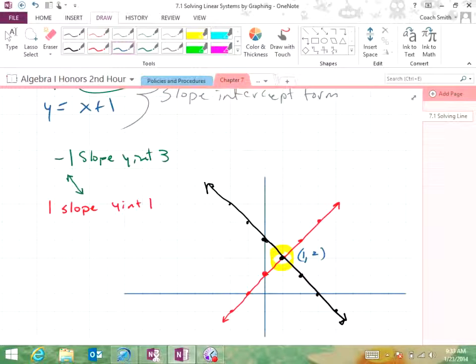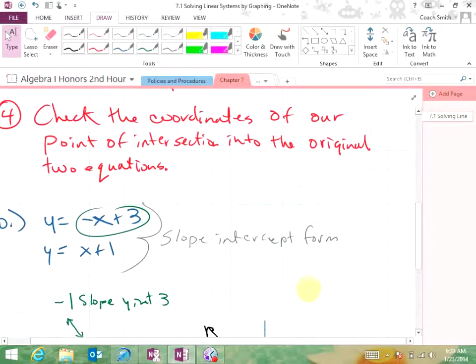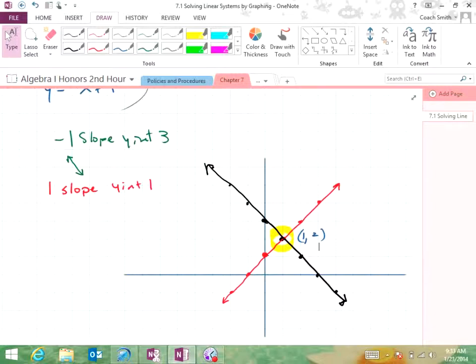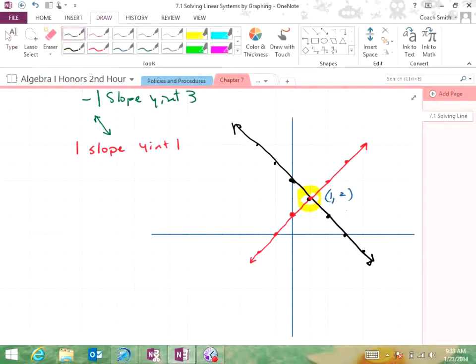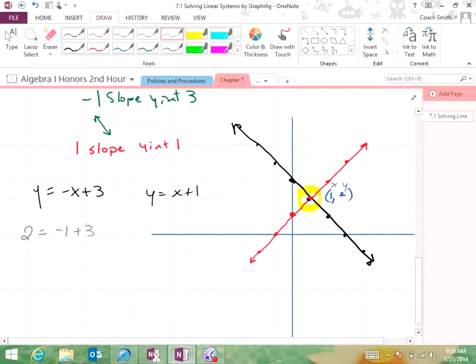Okay, so this is step 3, I believe? Yep, that's step 3. So step 4 is to take that point of intersection and plug it into our 2 original equations and see if it checks. Okay, remember, this is x and that's the y. So we plug it into this first one, that gives us 2 is equal to negative 1 plus 3.